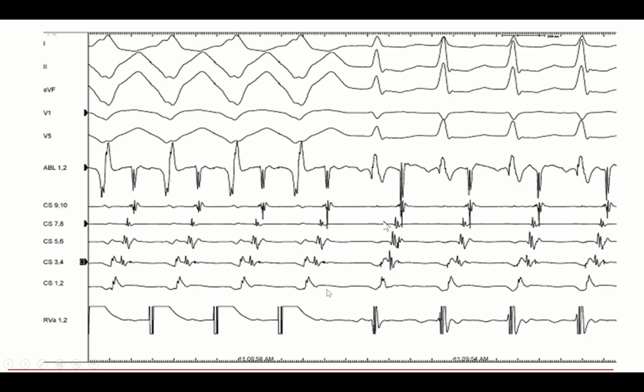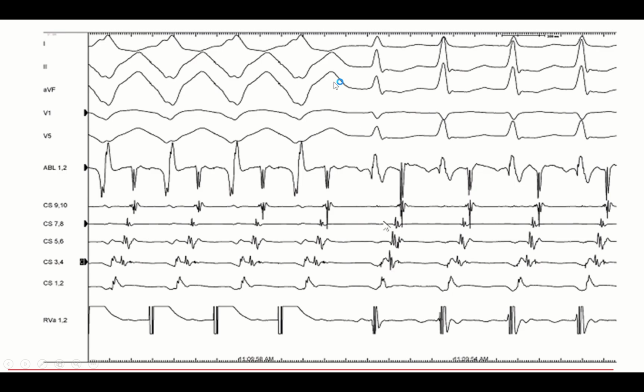This is a case of orthodromic AVRT. On the right side of the image, on the left side we can appreciate the ECG leads 1 to aVF and V1 to V5, and this is the ablation catheter at the A, the CS and the RV catheter, and the patient has ongoing AVRT. We start ventricular overdrive pacing.